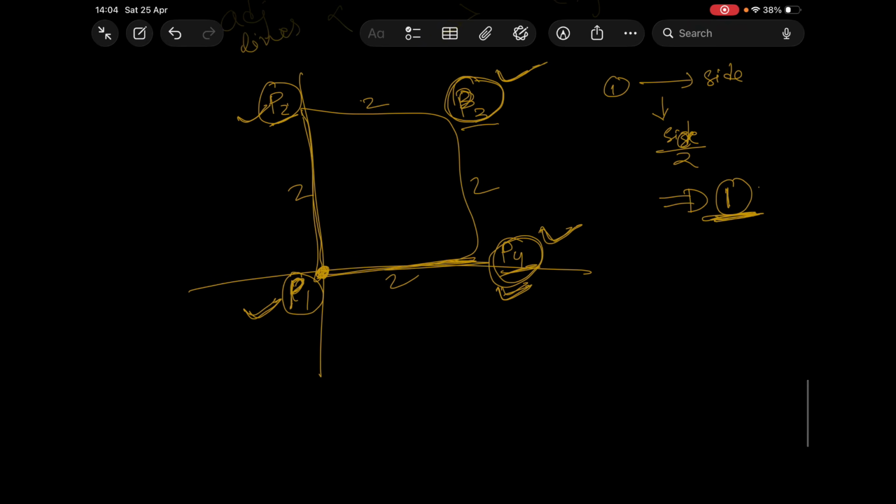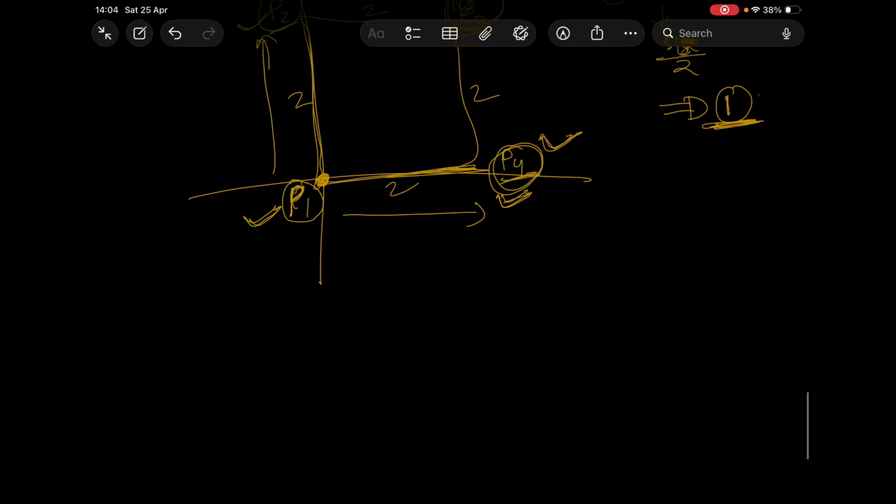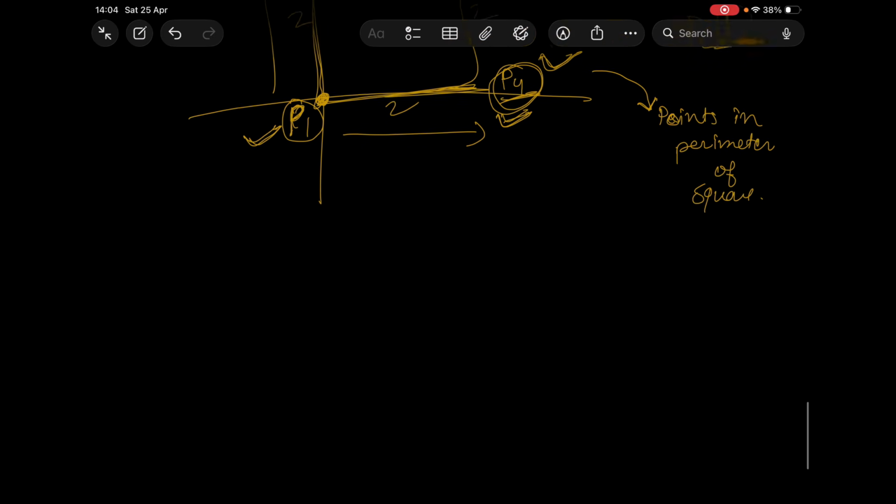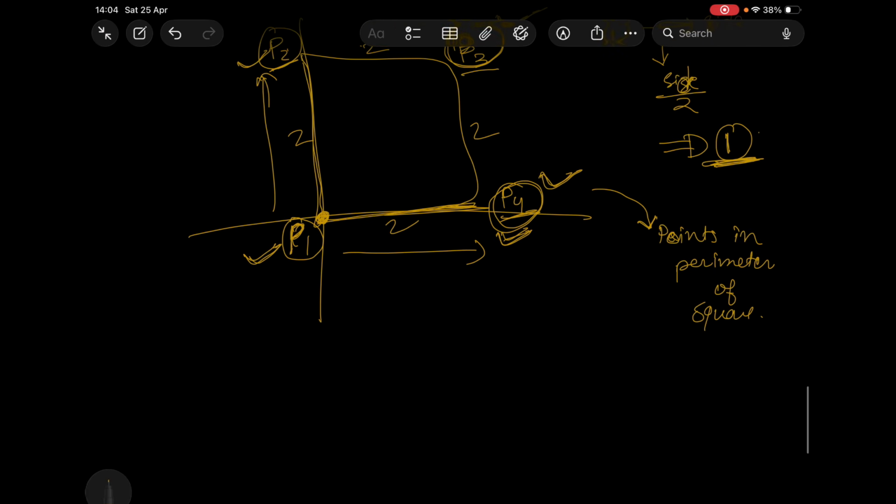And one thing, if you see, we can pick this way from here or we can pick this way from here. Rather than trying both, what if, since all these points are on the perimeter of the square, we overlap these points?